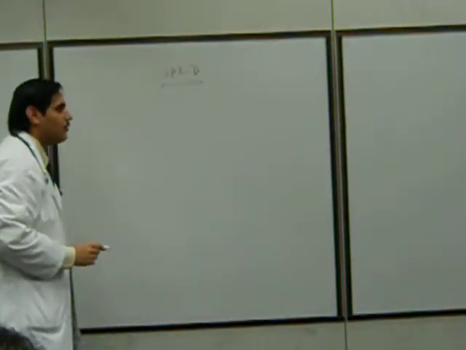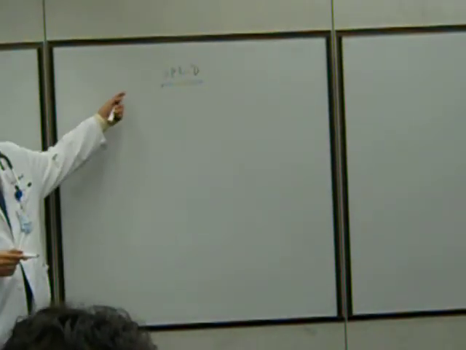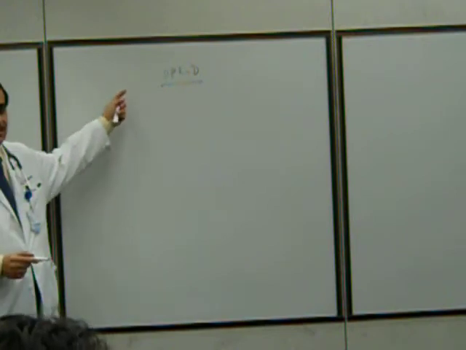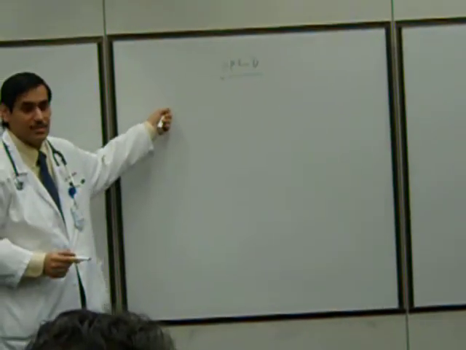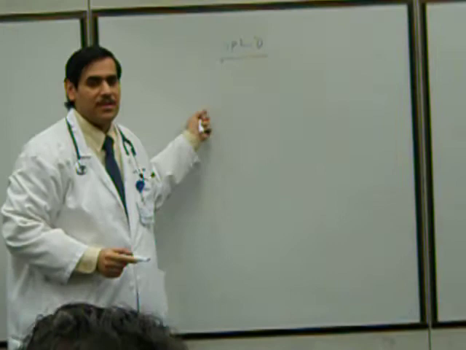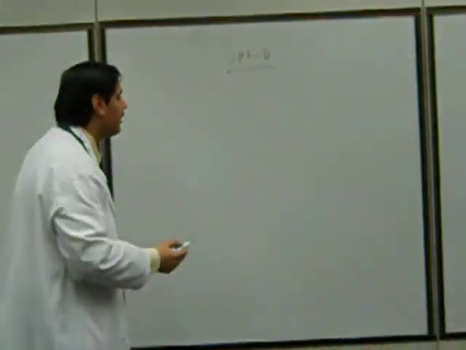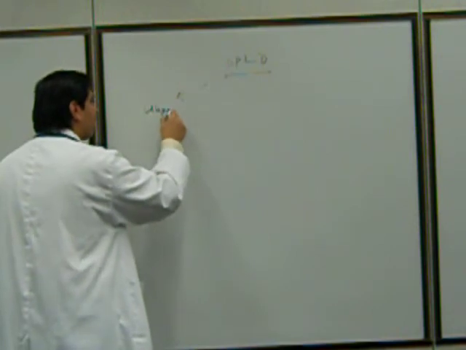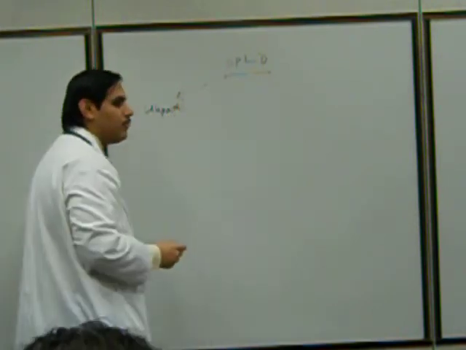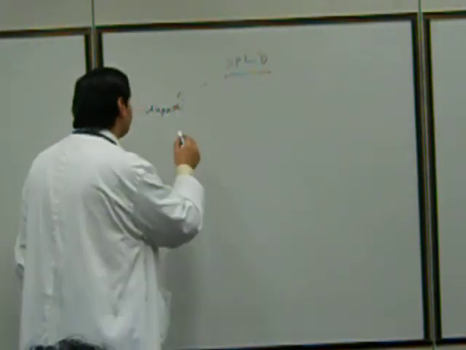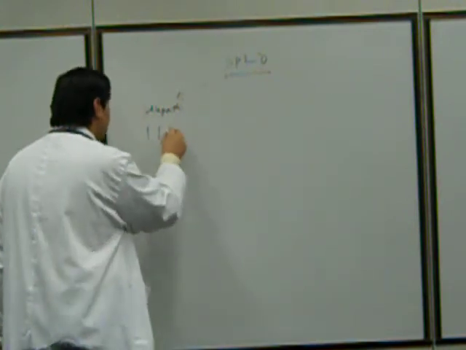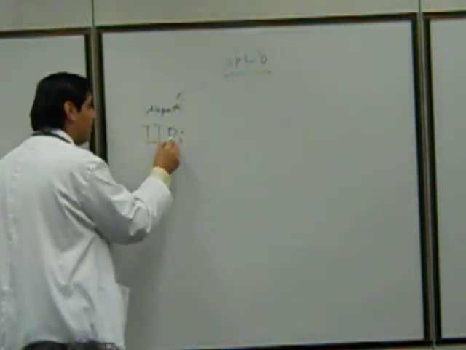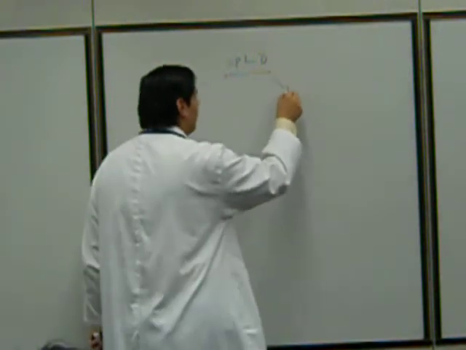The easiest way to look at diffuse parenchymal lung disease is to classify them into whether they are secondary to something that we know or something that we don't know. So idiopathic versus secondary to something. The idiopathic ones are called idiopathic interstitial pneumonitis or pneumonia, IIPs. And the secondary one is secondary.